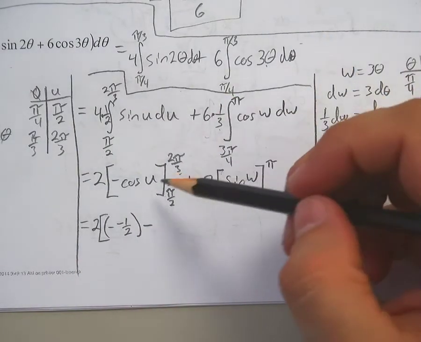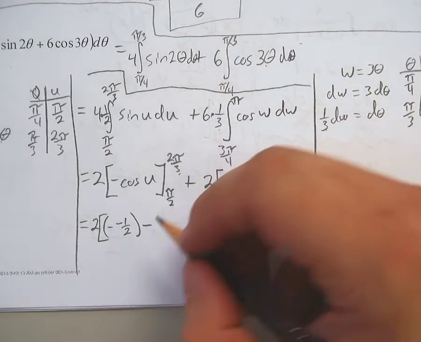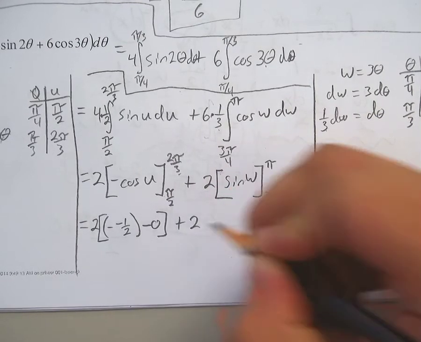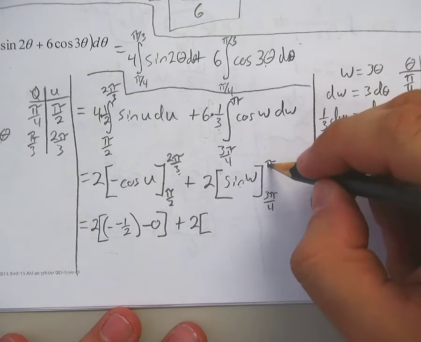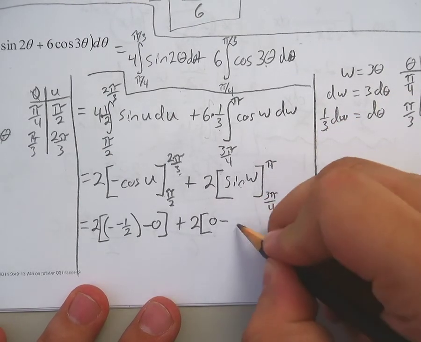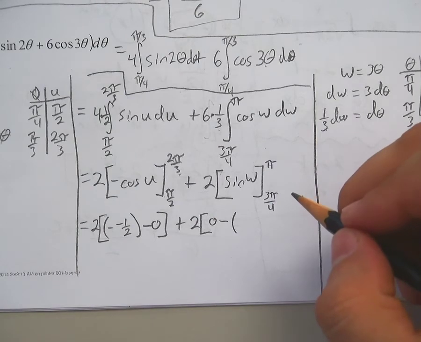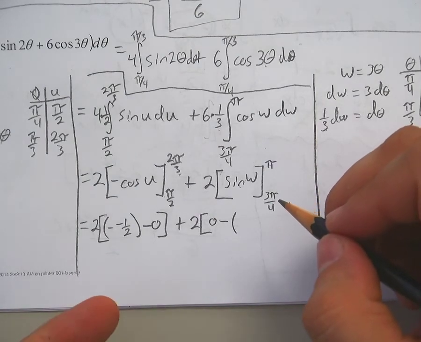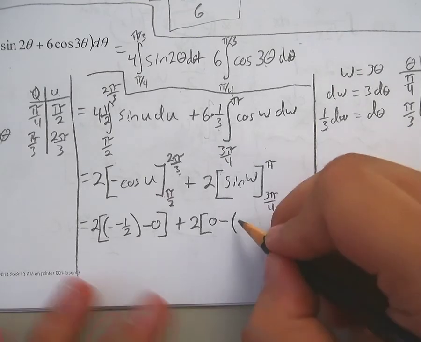Minus the cosine of pi over 2 is 0, so that makes that easy, thank goodness. 2 and the sine of pi is 0, minus the sine of 3 pi over 4 is a positive square root of 2 over 2.